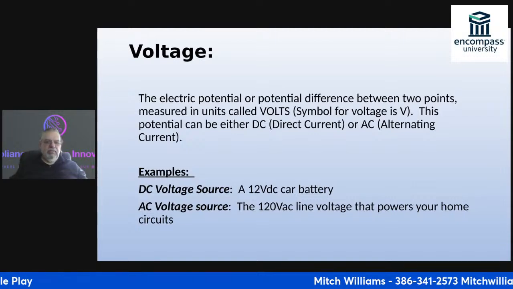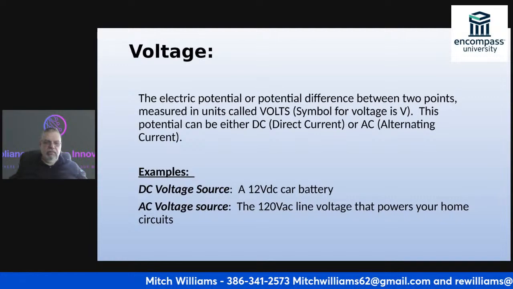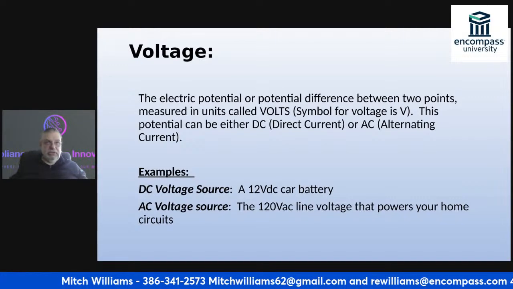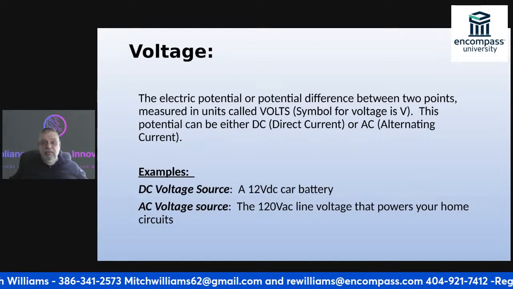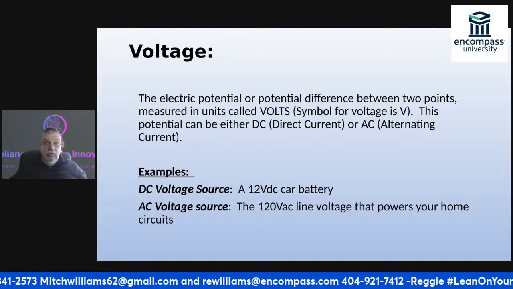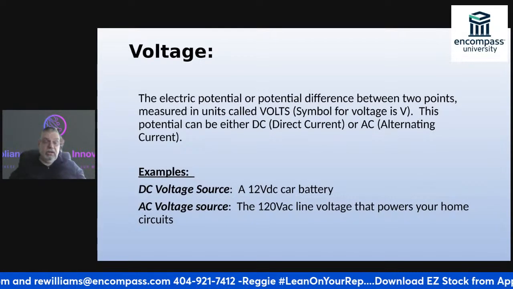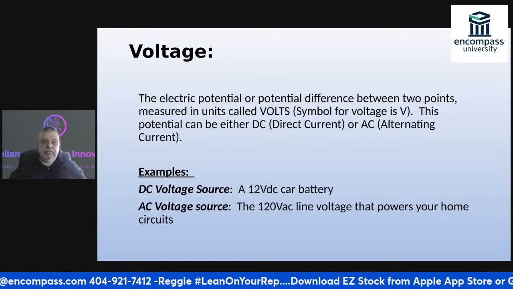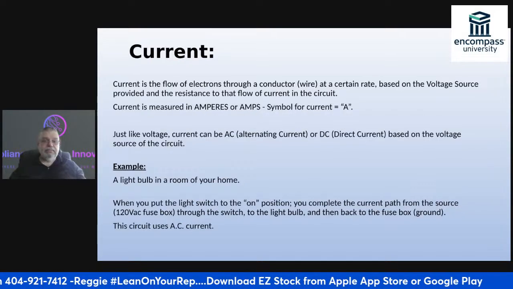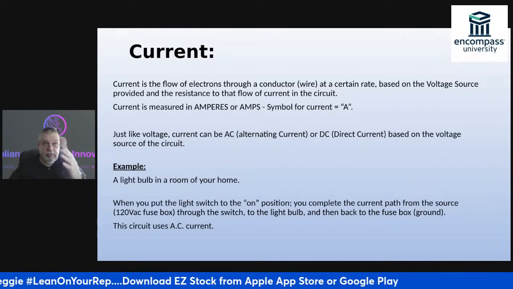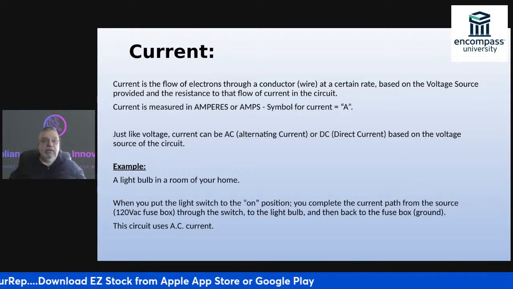An example of DC voltage would be a car battery in your car. AC voltage could be the 120 volts in your home, or the 240, or if you have a different setup, it could be 308. Those are all voltages that are measured.